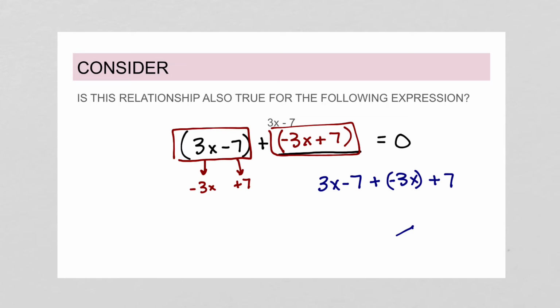Well, I've got my 3x and negative 3x, those add to 0. And then I've got a negative 7 and a positive 7. Those also add to 0. There's nothing left there, just 0. The number 0 is a number. So yes, those are opposites.